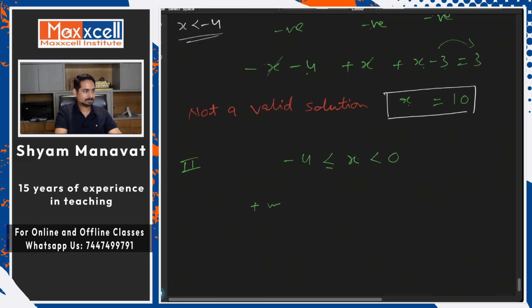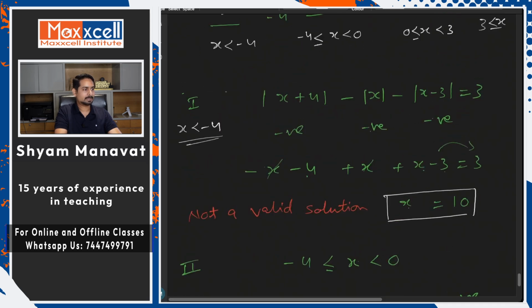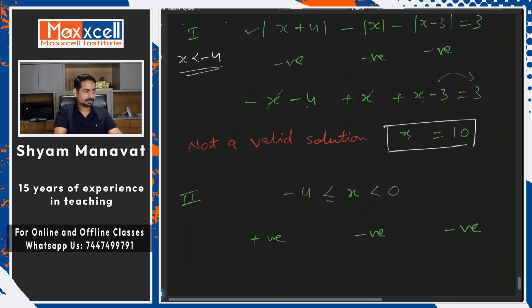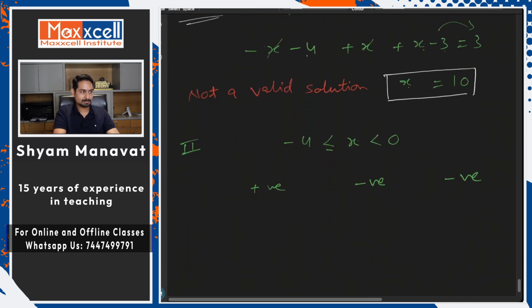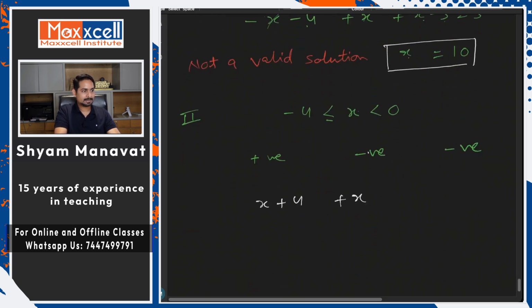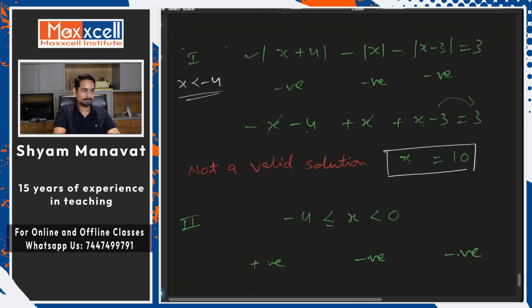So can I write the term directly without writing the question again? Yeah. So the first part is positive, that means x plus 4 will be positive. If you remove the modulus sign in that range, it will be x plus 4. And the negative terms, this negative and this negative, will become positive again.